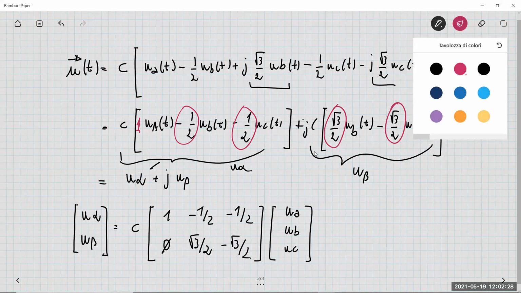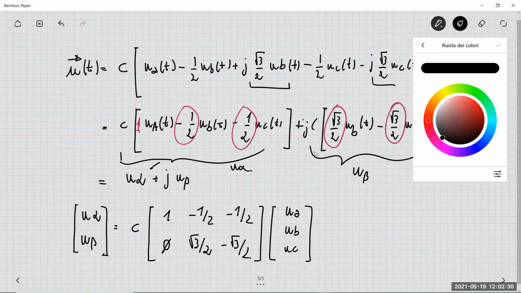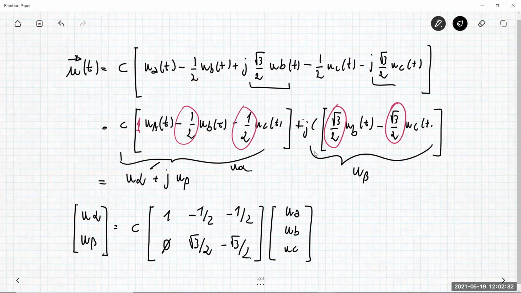This coefficient comes directly from the computation that I had before. So this is the matrix representation of this Park transform that makes it possible to convert a system in which we have 3 variables with specific features into a vector in a complex plane, and u alpha and u beta are the real and imaginary part of this vector.